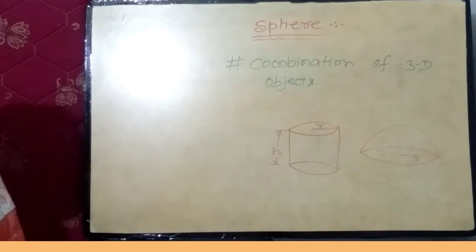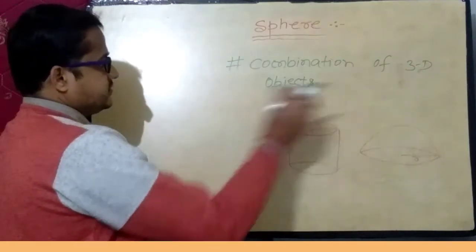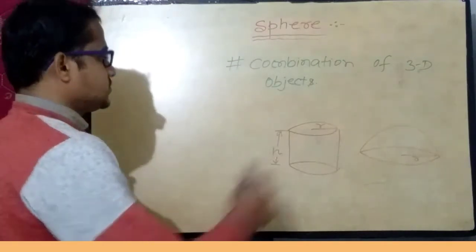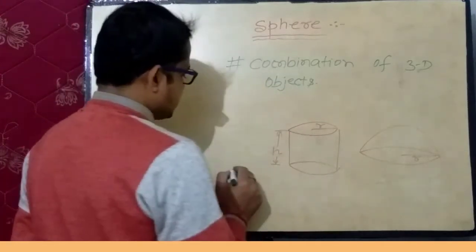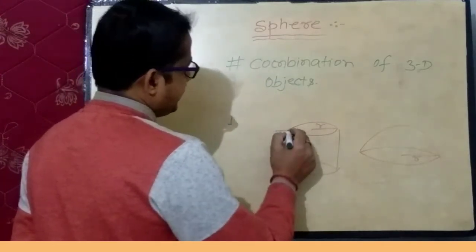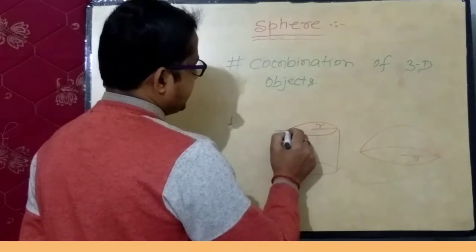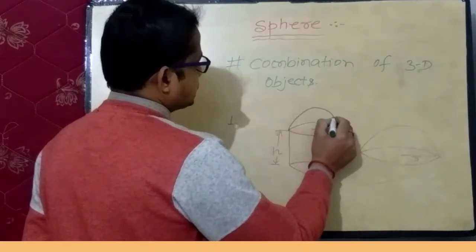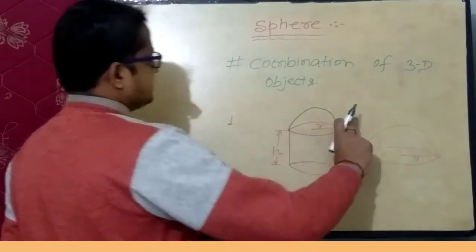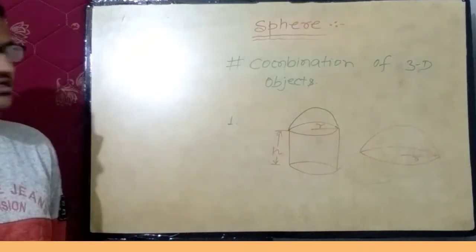Now what are the combinations of these two objects? So first combination is, if I am putting this hemisphere on the top portion of this cylinder, then this is the first combination of these two objects.